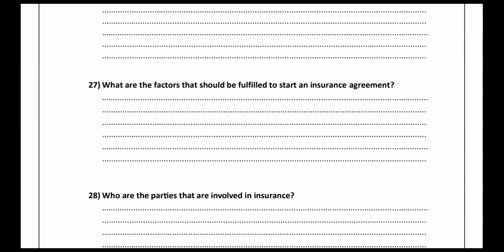Everything is formed only after evaluating everything. If the premium payment is low but you wanted to cover something big, they won't accept this agreement in the first place. Yeah, the date of the agreement and those things will be there.